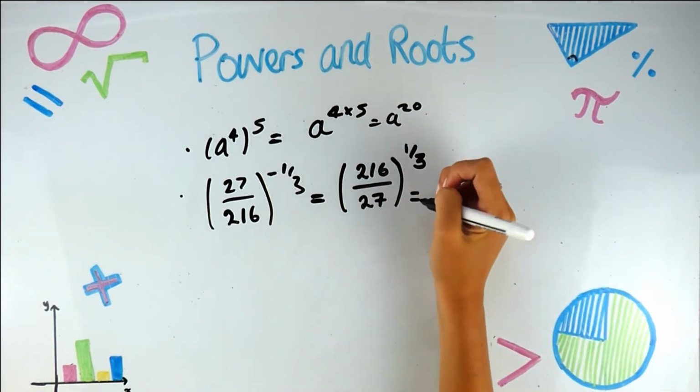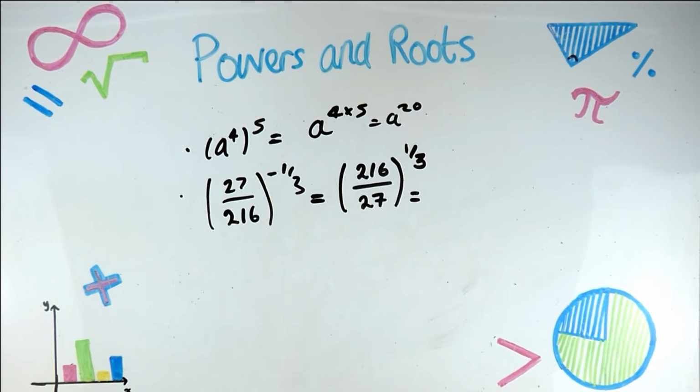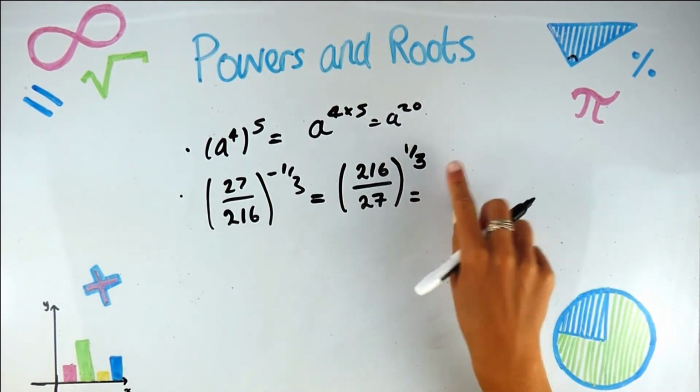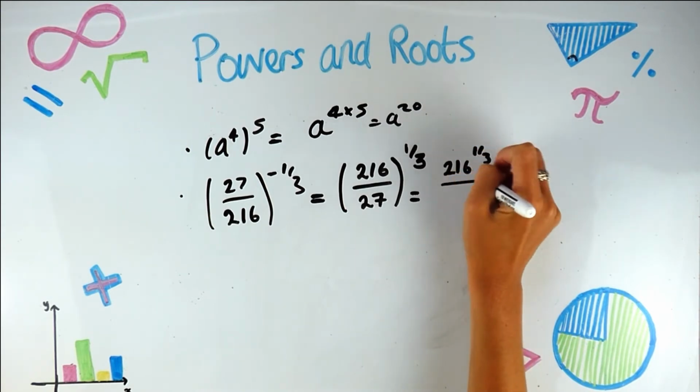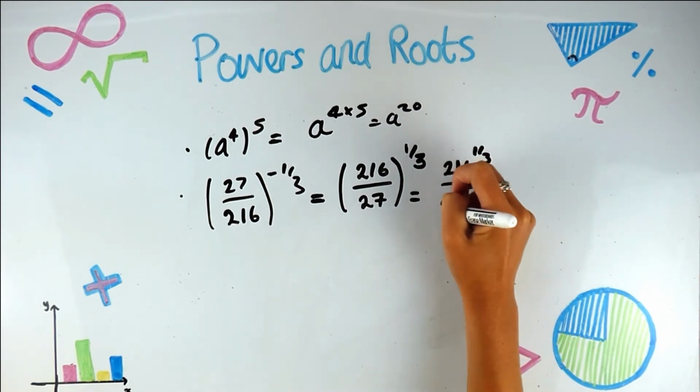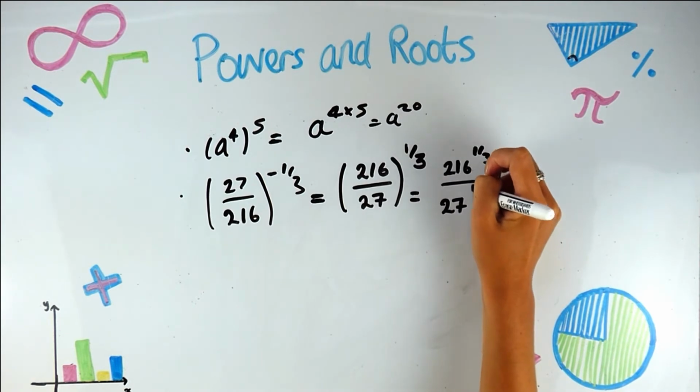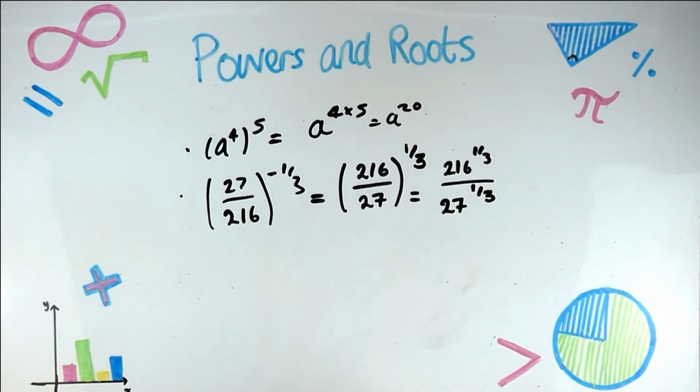And then I know from the rule before, if I have a fraction to a power, you have to do the same to the top as the bottom. So do the power to the top and the bottom.